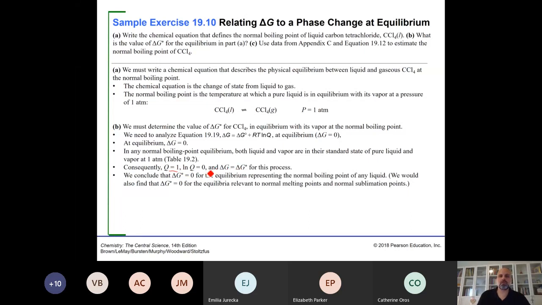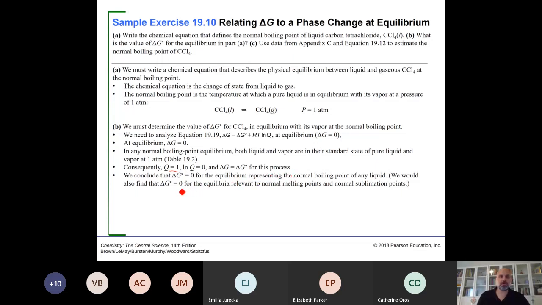So the natural log of Q goes to 0, and delta G is therefore equal to delta G naught for this process. So we conclude that the delta G naught for equilibrium representing the normal boiling point of any liquid is going to be equal to 0, right? So the free energy available in a system at its normal boiling point is going to be equal to 0.